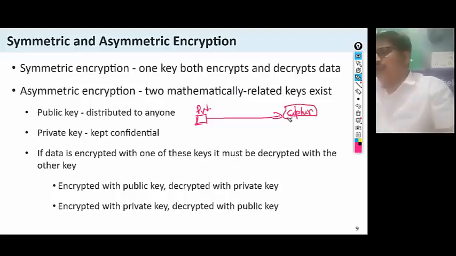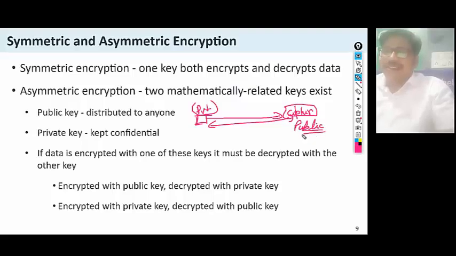Now if you want to decrypt the ciphertext, you cannot use the same key. You will have to use the other key, called the public key. So the public key will be used for decrypting the data. And likewise, if the public key is used to encrypt the data, then this encrypted data cannot be converted into plain text using the public key.